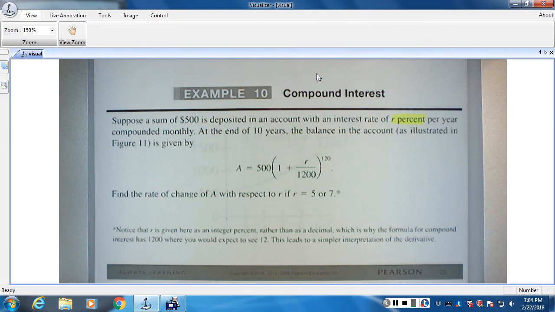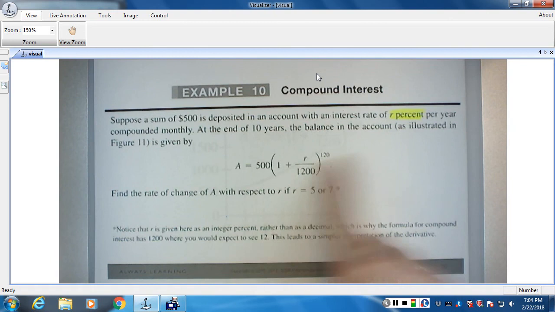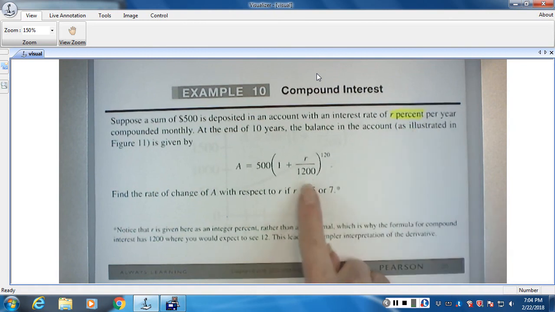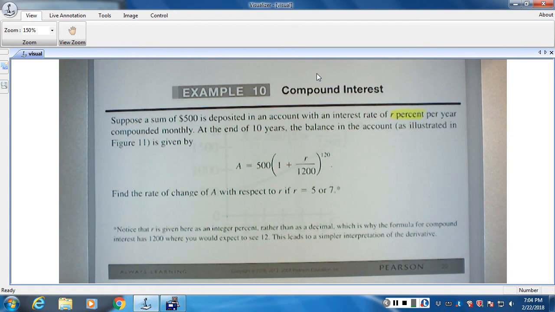Well, in this case, since we're using it as a percentage, we can't just put 12 in the denominator where the formula usually just says how many times a year do you compound? We've got to take into account the fact that we did not change that to a decimal. So that's why that says 1,200. It's because we're not changing R to a decimal. Our R is actually being plugged in as a percentage, straight percent.